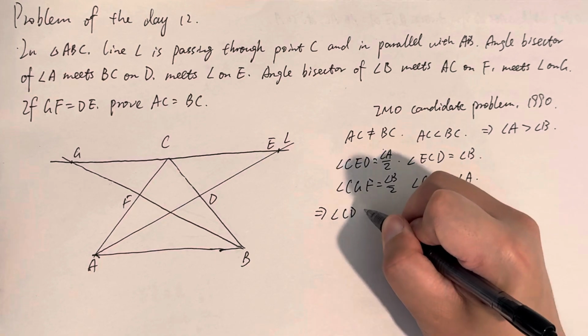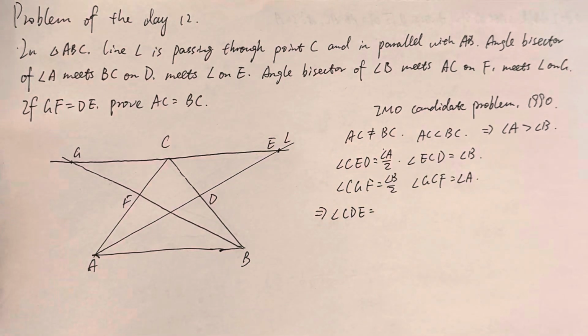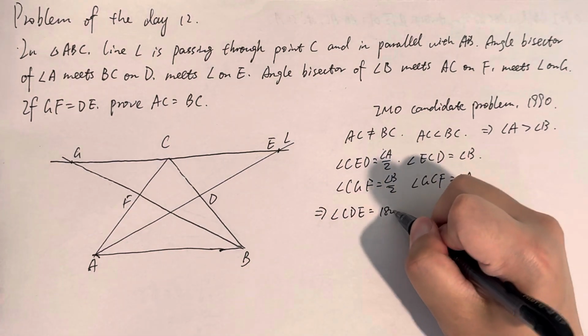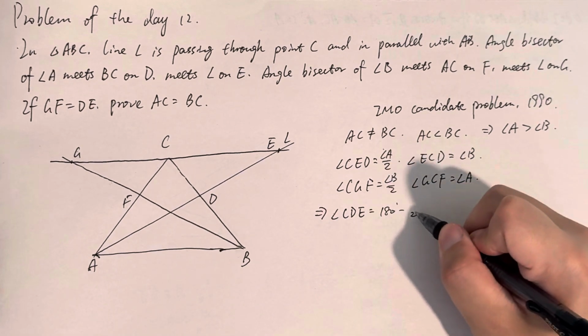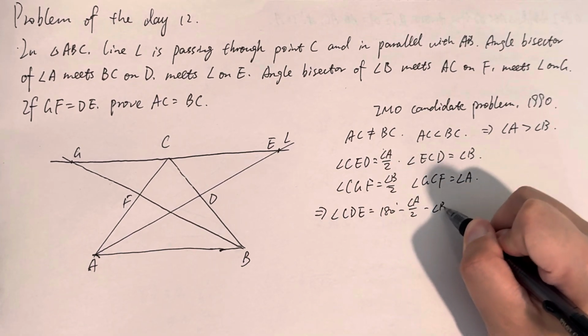angle CDE equals 180 degrees minus half of angle A minus angle B, right?